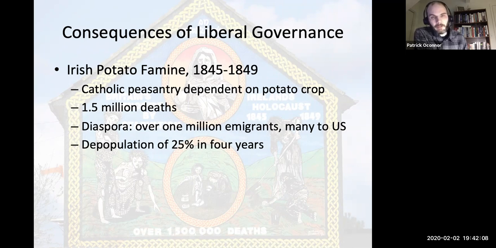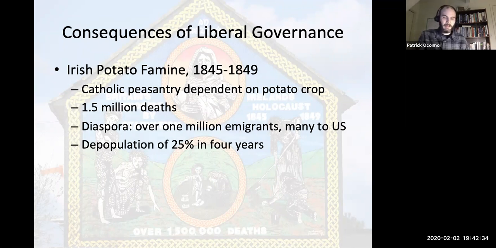In the 1840s, a blight struck the Irish potato crop. Most Irish people were peasants. They were attached to the land, and like peasants all around the world, they depended on a staple food supply, a carbohydrate, right? And in Ireland, that carbohydrate was potatoes. And because they were dependent on it, when the food supply disappeared, people began to starve.